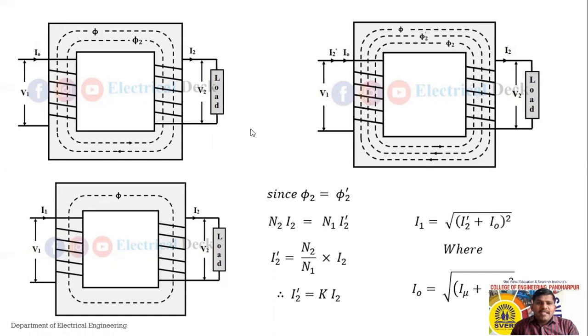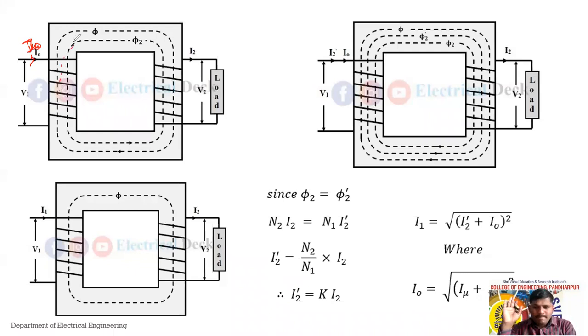Suppose we represent this current taken from the primary as I0. So see here, it is I0 current taken from the primary. When this I0 current starts flowing in the primary winding, it will set up some flux, right?